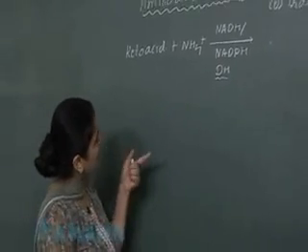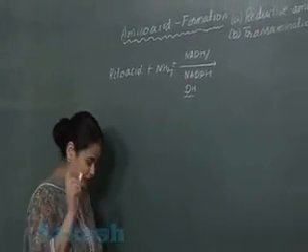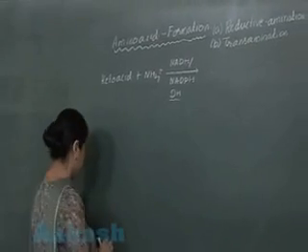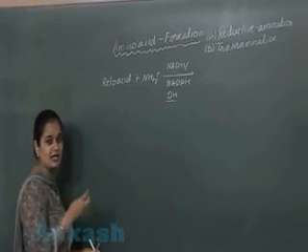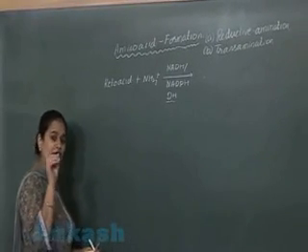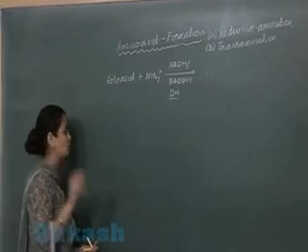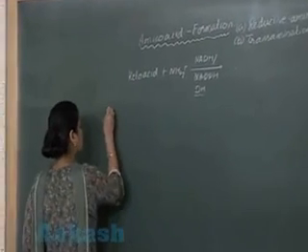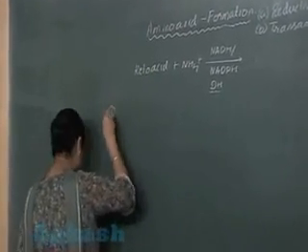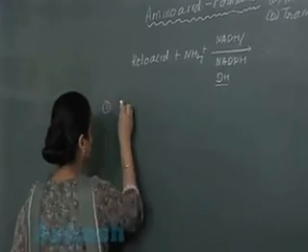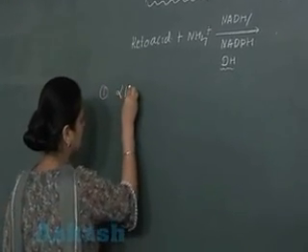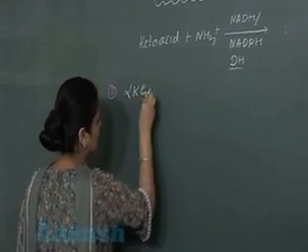Now to explain this amino acid formation, I am citing one example here. The first example is for the 5-carbon keto acid, that is alpha ketoglutaric acid.